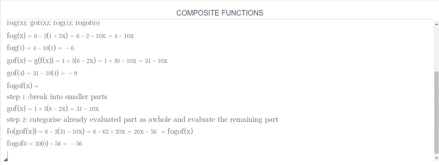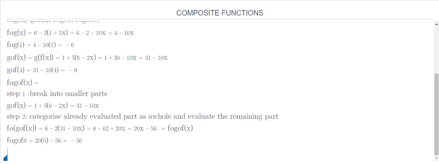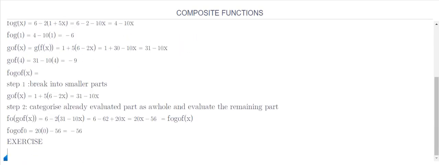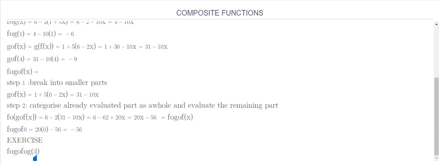You can even be given, let me write here as an exercise in caps, maybe f of g of f of g of this one. The same question that you have there, you can attempt this of 3, for example.